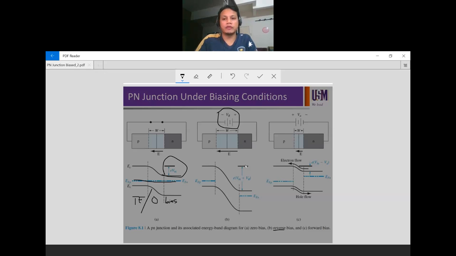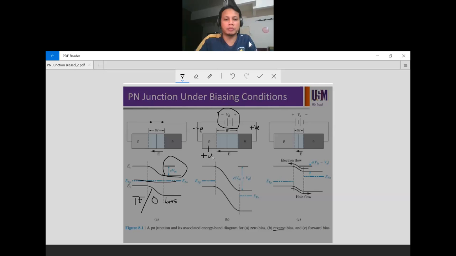If it's in reverse bias, that means p-type here on the left is connected to the negative terminal, and n-type is connected to the positive terminal. We know that p-type is positive in nature, right?